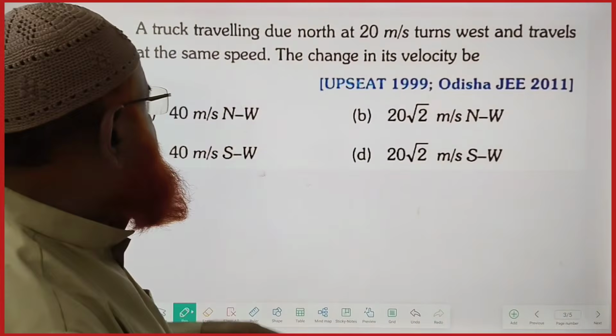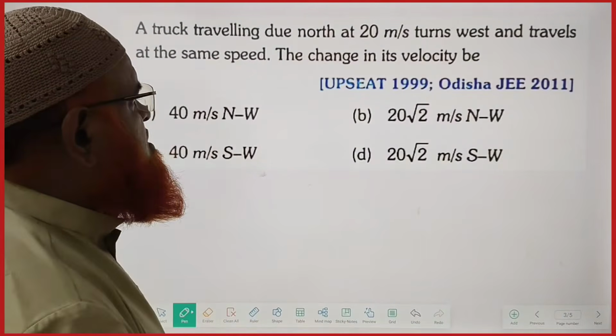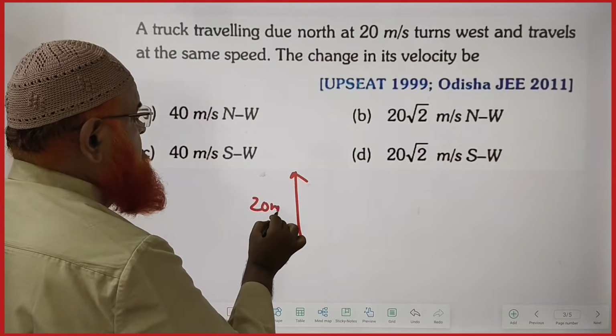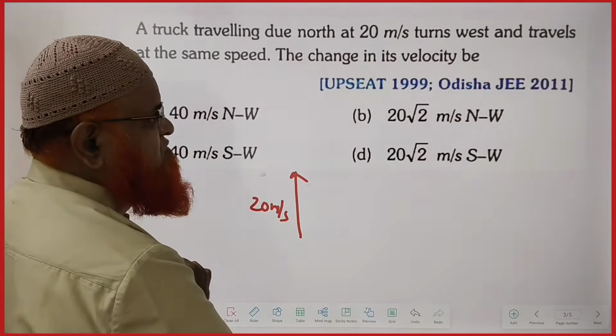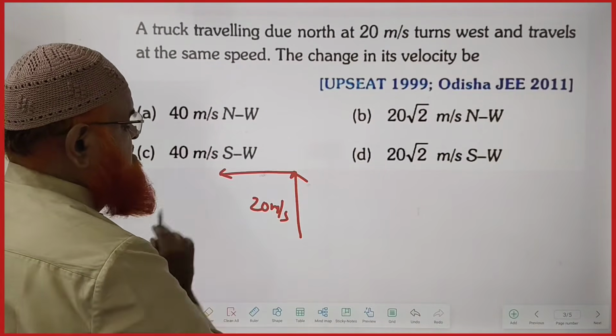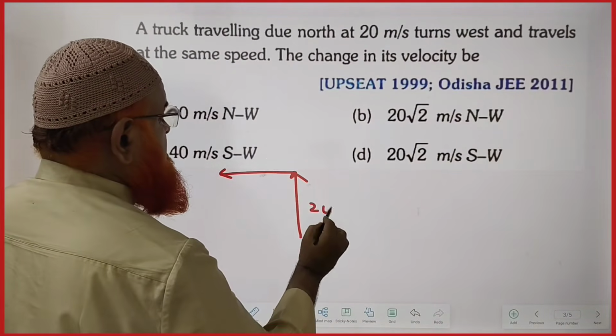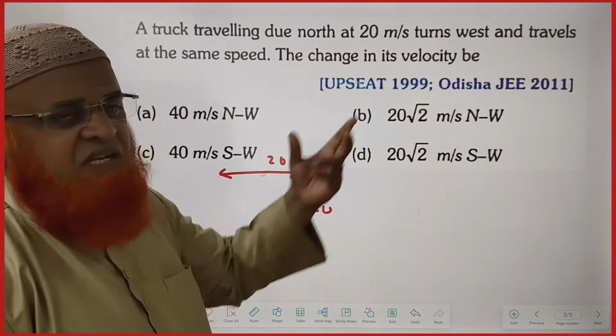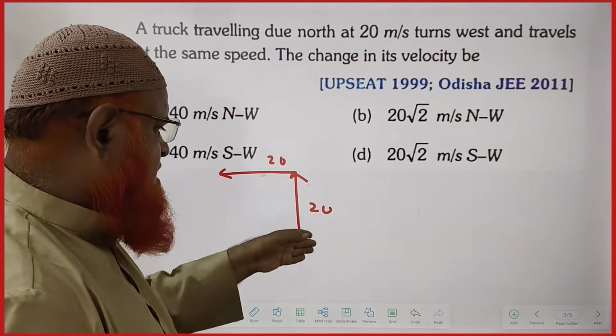Next, you can just see here. A truck is traveling towards north with a speed of 20 meters per second, and turns towards west and travels with the same speed. Means it is traveling in this direction. So this is 20 and this is 20. And what is the change in the velocity he is asking? So here these two are vectors.